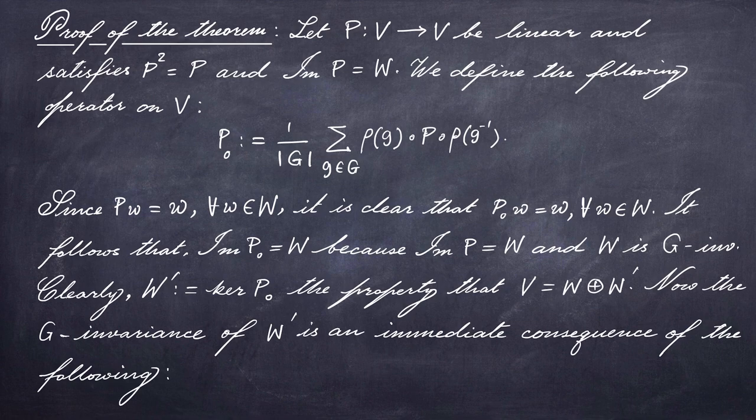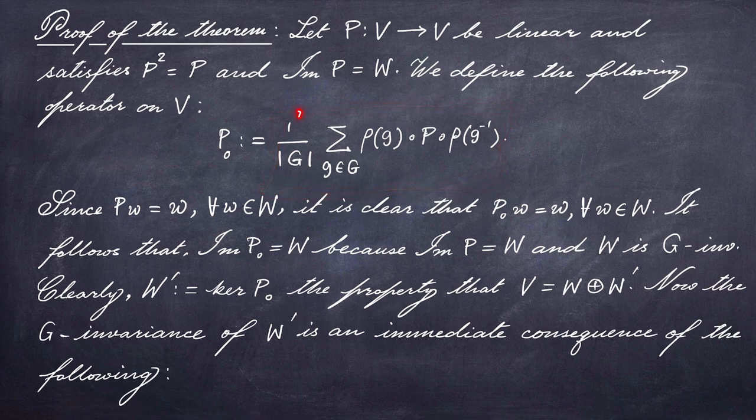Since P naught has to be invariant under all the conjugations, keeping that in mind, we consider all possible conjugates of P, and simply average that. So we consider all possible conjugates of P, then take their sum, and then divide it by the order of the group G. Here we have used that the group is finite.